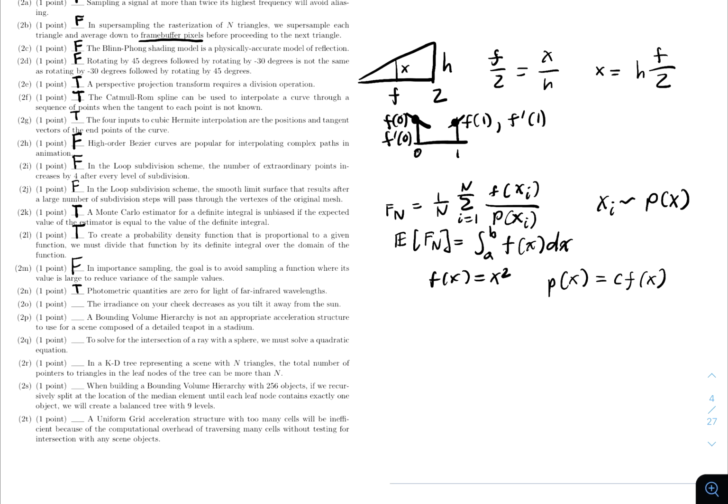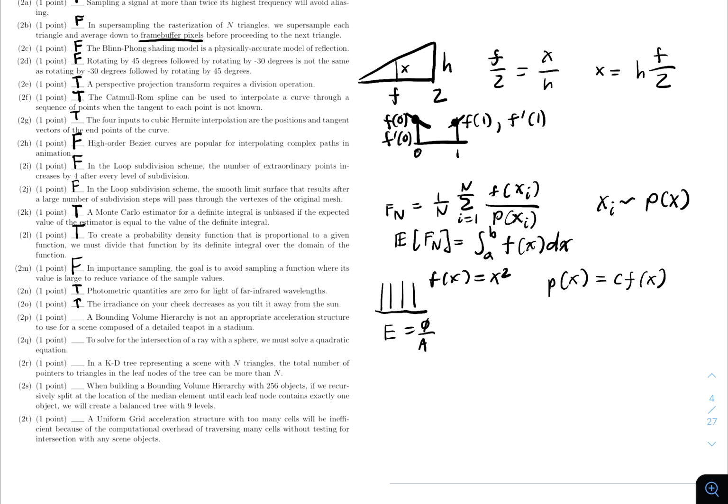The irradiance on your cheek decreases as you tilt away from the sun. This is also true. Another radiometry or photometry question. This is also given by Lambert's cosine law, and the idea would be the irradiance on some surface, E equals phi over area, will be maximum when the surface normal points in the same direction as the incoming light.